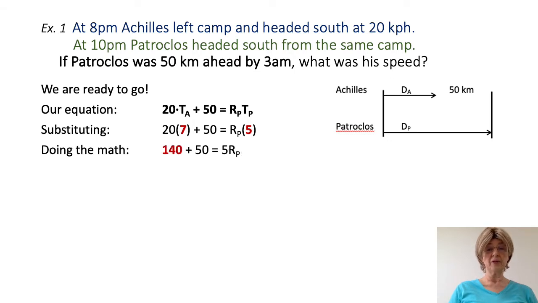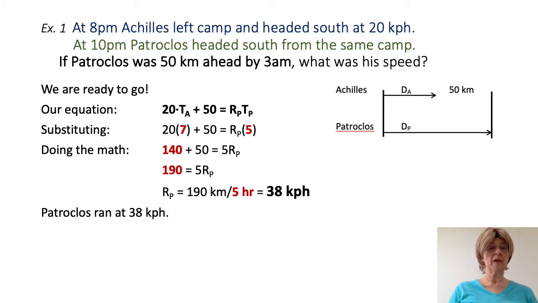All that's left now is doing the math. 140 plus 50 equals 5 R sub P. 190 equals 5 R sub P. R sub P equals 190 kilometers divided by 5 hours equals 38 kph. Patroclus ran at 38 kph. For 5 hours, maybe he was in a chariot.